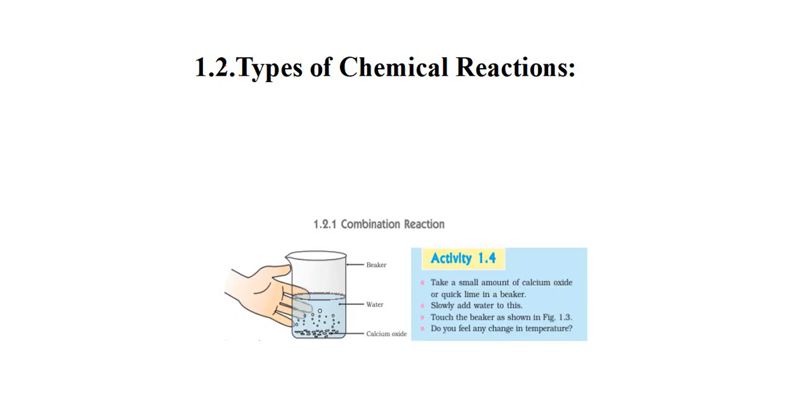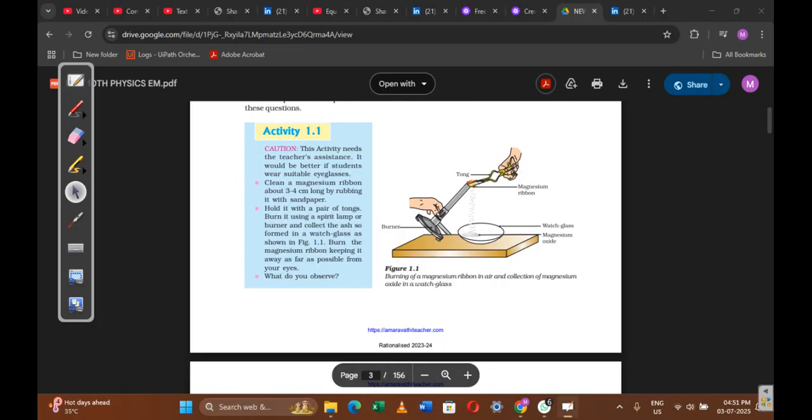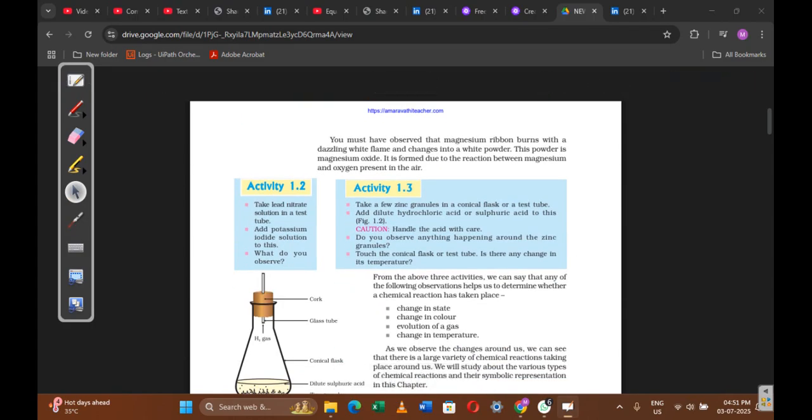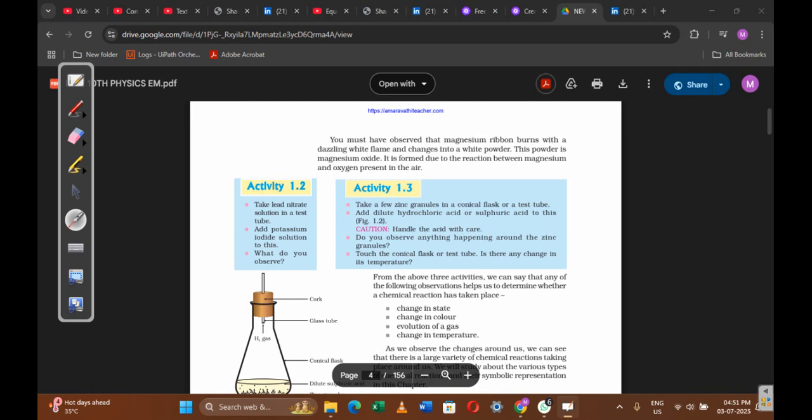In last classes, in activities 1.1, 1.2, 1.3, in activity 1.1 we discussed the burning of magnesium ribbon. In activity 1.2 we discussed the reaction of lead nitrate and potassium iodide.